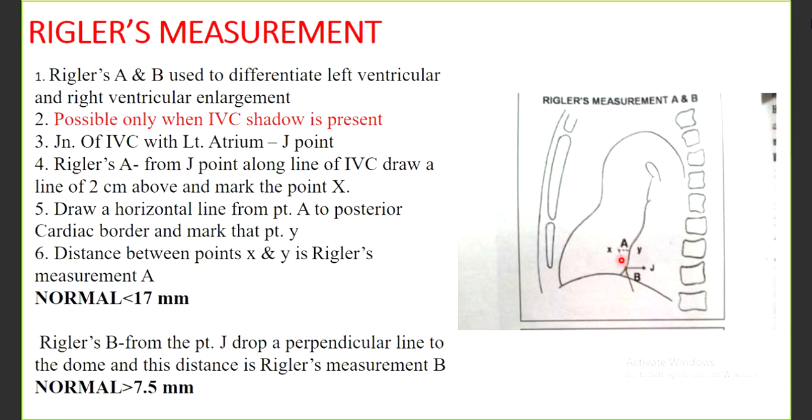Then you go up another 2 centimeters, mark the point X, then you draw a line horizontally to the cardiac border, posterior cardiac border, that would be Y. And then this length is called A. Now, this measurement is normally less than 17 millimeters, and in abnormal cases of ventricular enlargement, especially left ventricular enlargement, the left ventricle will get enlarged more posteriorly, and then the length will be more.